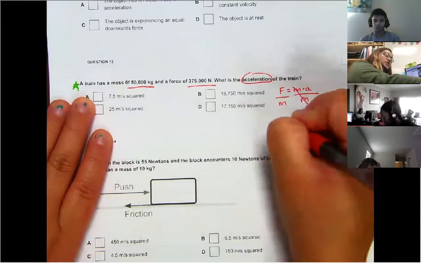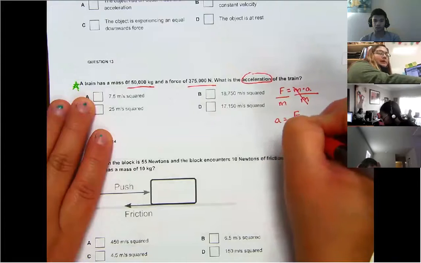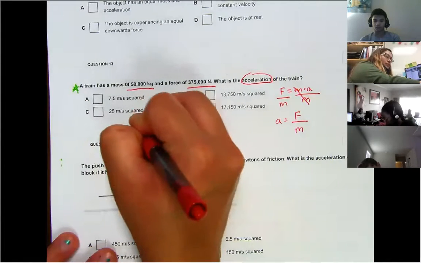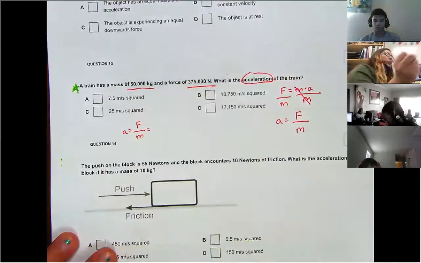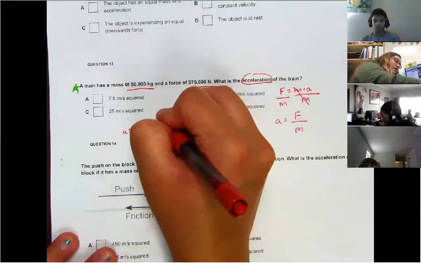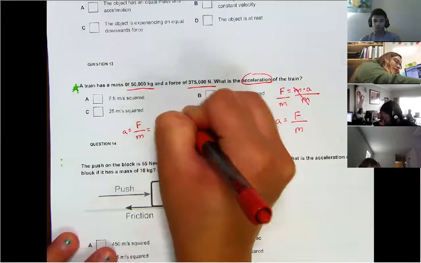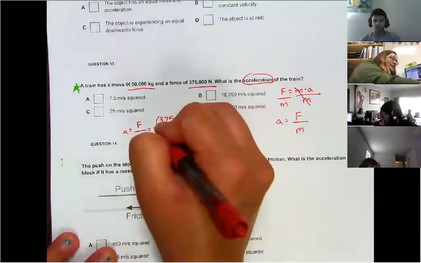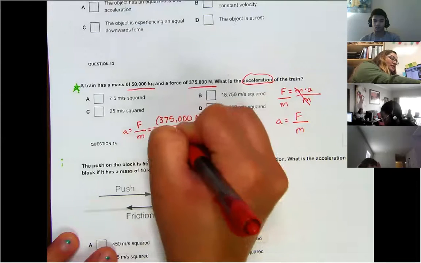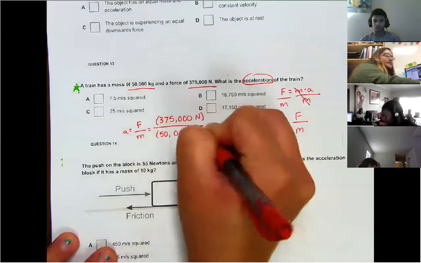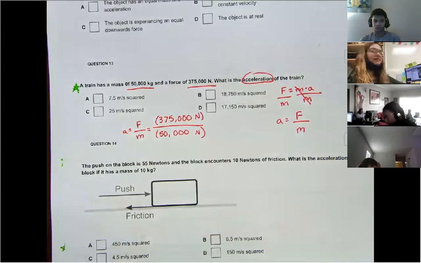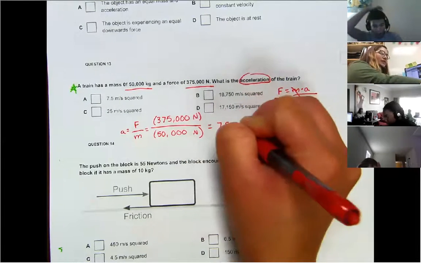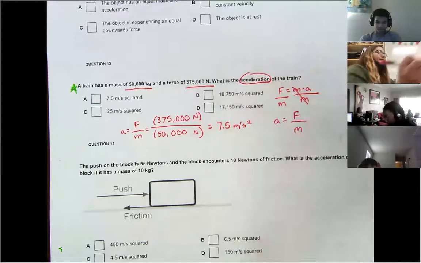So acceleration is force divided by mass. Our force is 375,000 newtons. Our mass is 50,000 kilograms. 375 divided by 50 gives you 7.5 meters per second squared.